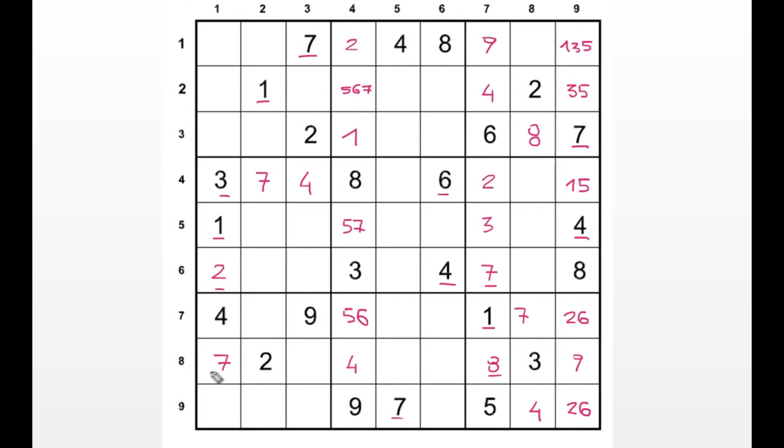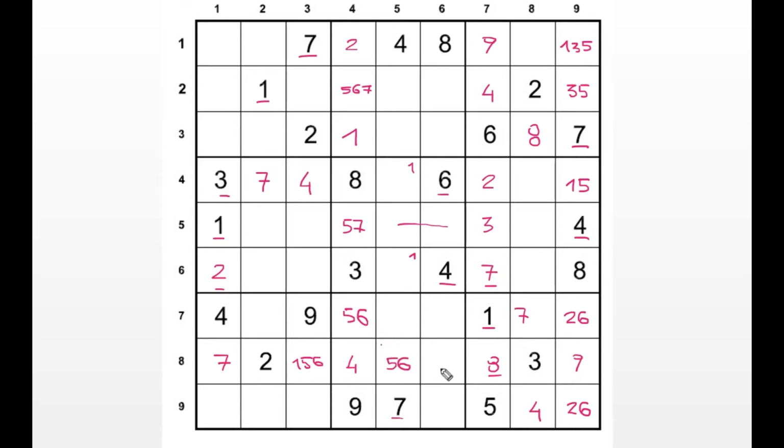What about row number 8? There are also 3 missing numbers, and these 3 numbers will be 1, 5 and 6. But what about this cell? If number 1 is here, here cannot be number 1, and number 1 will be one of these 2 cells, and this leads to the conclusion that here there is no possibility to be number 1, and here in this cell will be 2 numbers, number 5 and number 6.